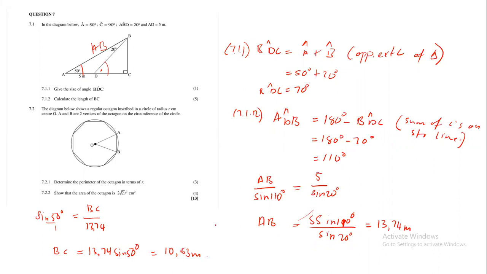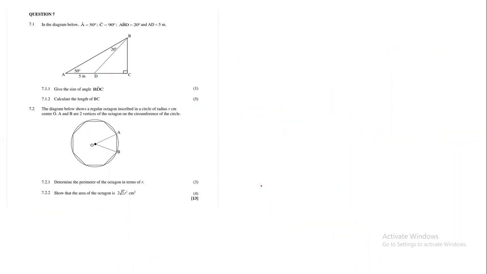And therefore, this will be the length of BC. I hope that it is clear, which is for 5 marks. Okay, that's how we're going to solve that one.